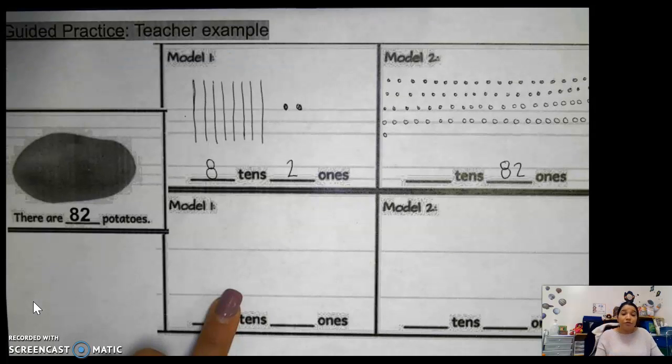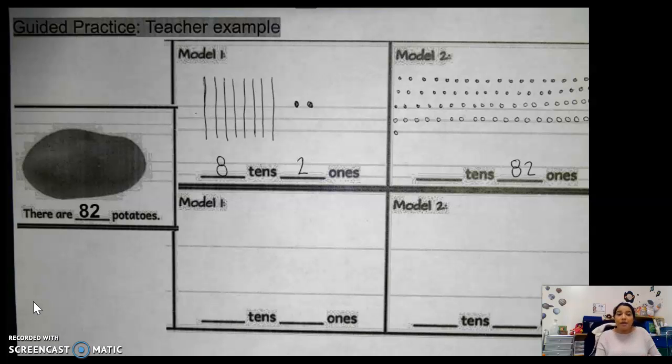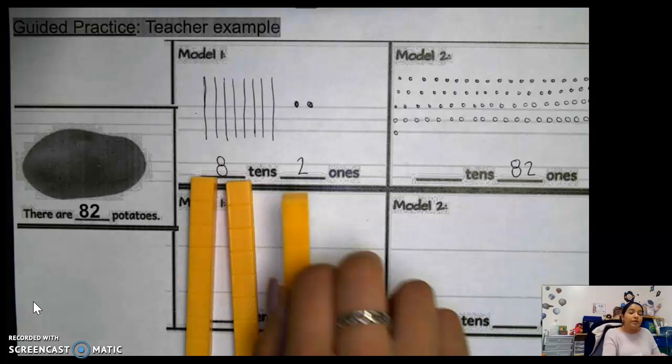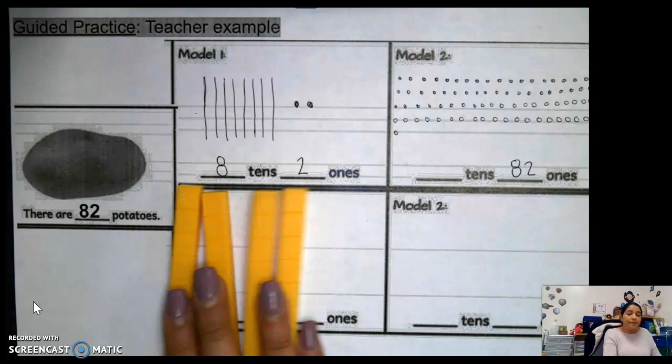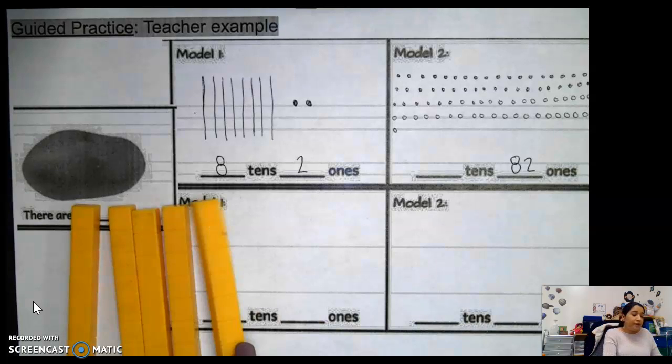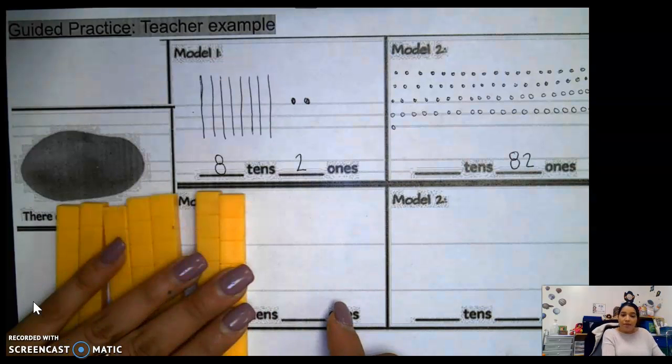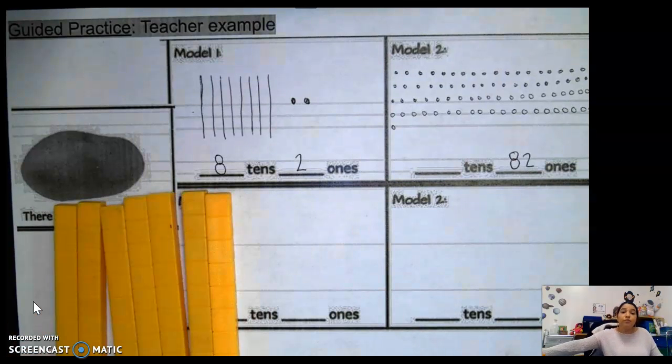So let's see in our third model another way we can model 82. Let's get some ten blocks out and let's count by 10. 10, 20, 30, 40, 50, 60, 70. And then I can get 12 more ones.